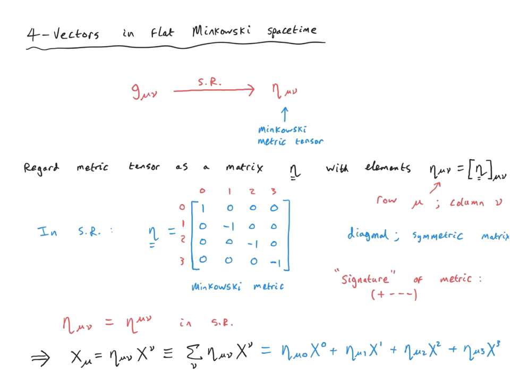So you can immediately see what happens here. When I'm writing down the covariant 4-vector for the position on the left-hand side, we're going to get an object that is almost exactly the same as the original contravariant 4-vector, but just with some plus and minus signs. In particular, the time-like component is going to get a plus sign, and the space-like components are going to get minus signs.